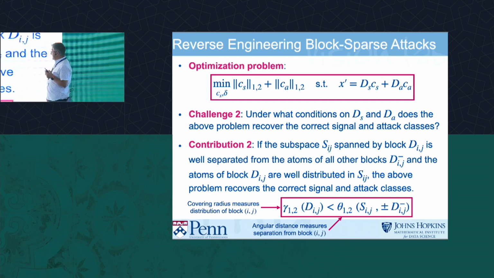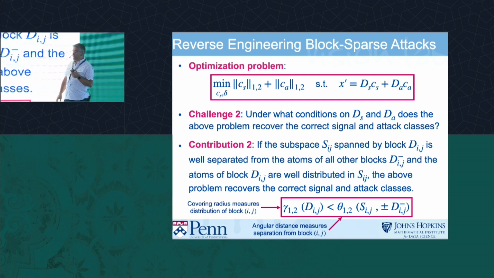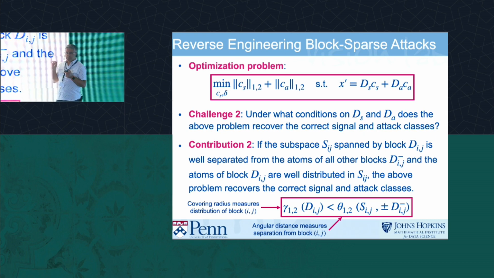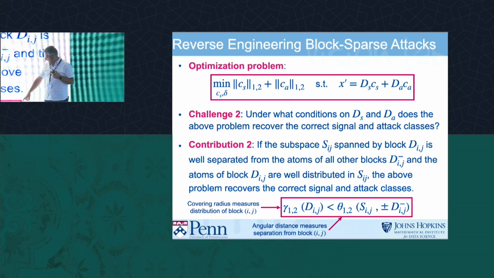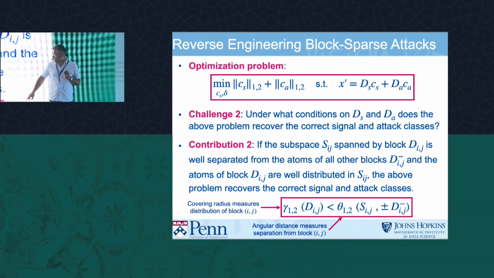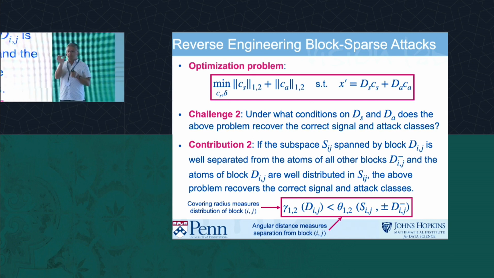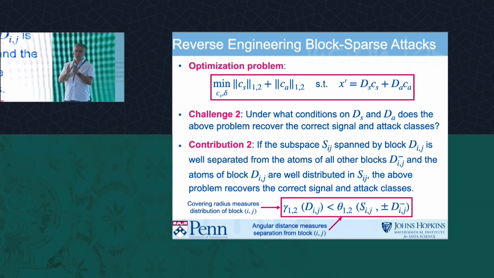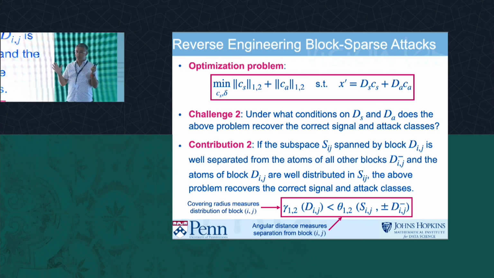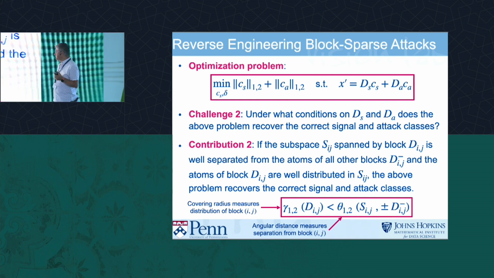What this theorem says is that if you compute, this is the far right here, theta 1, 2 is sort of the angle between that true subspace and the atoms of the dictionary corresponding to all other blocks, okay? So that angle needs to be sufficiently large. That's what it says on the far right here. And so this means that all of those blocks of the dictionary need to be sufficiently separated as measured by some angular distance, theta 1, 2. And that angular distance is adapted to the norm we're using. Okay.